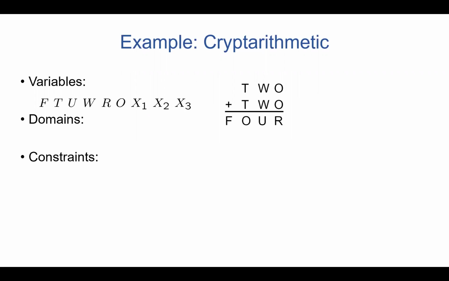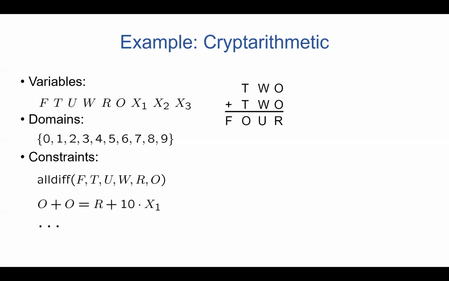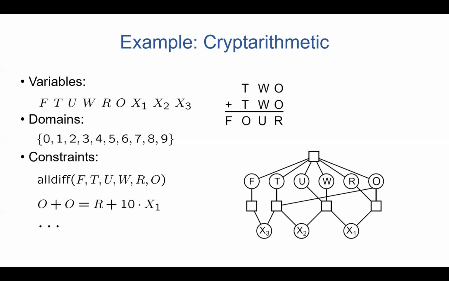The domain can be the numbers assigned, right? The digits. And what was the constraint, by the way, if you remember? The same number, right? So one simple constraint is that all the letters will have to be different. And then we have some more constraints. So this cryptarithmetic example can also be solved using constraint satisfaction problems.